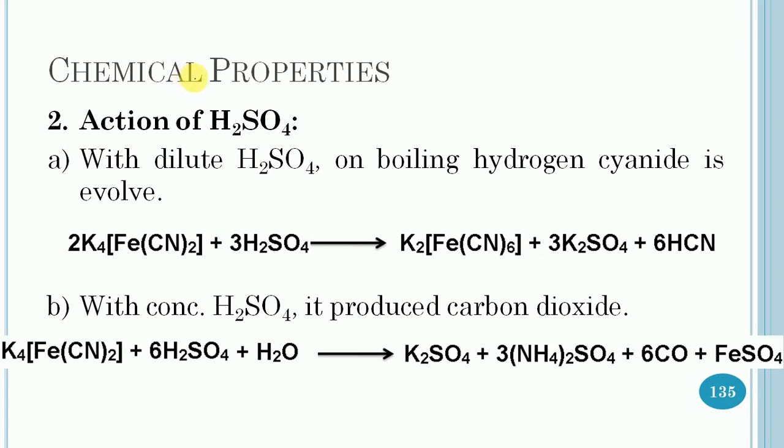Then action of sulfuric acid. With dilute sulfuric acid, it will change into this compound with the evolution of hydrogen cyanide, and with concentrated sulfuric acid it produces potassium sulfate, ammonium sulfate and carbon monoxide.